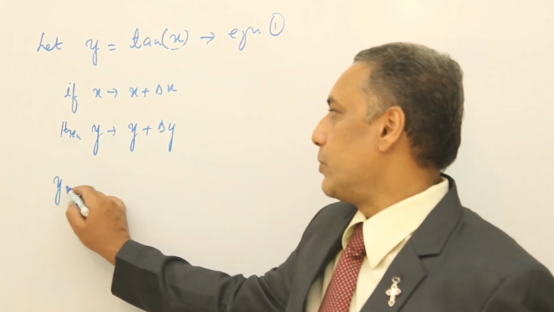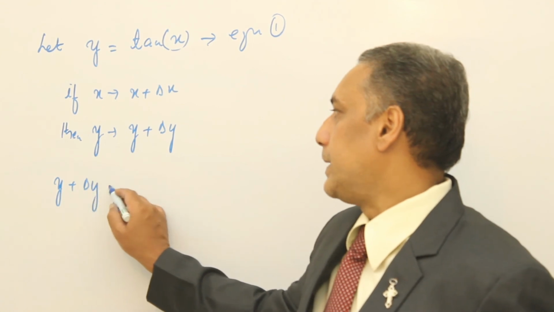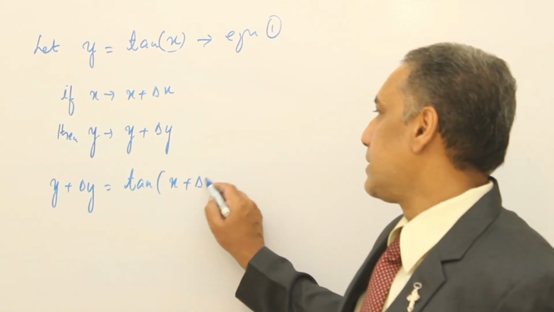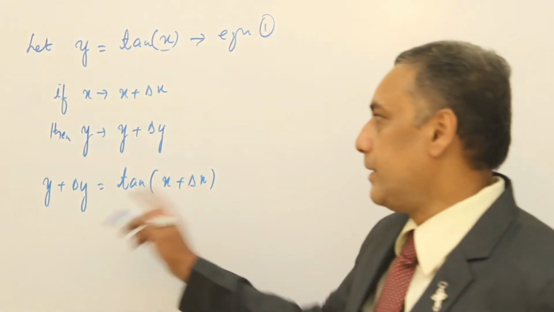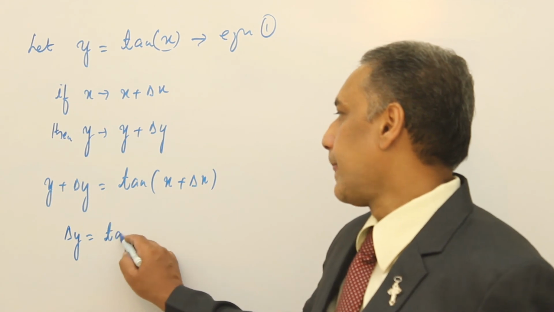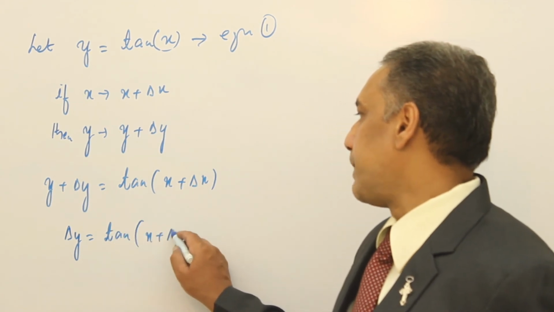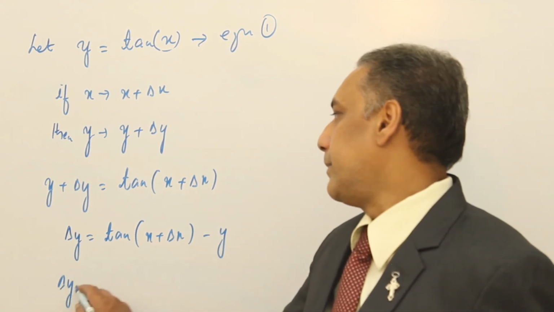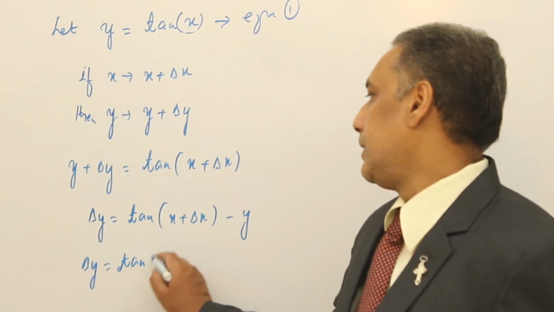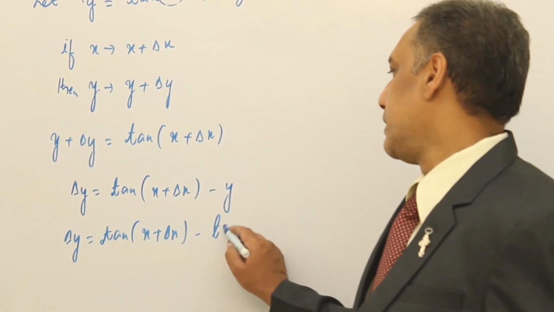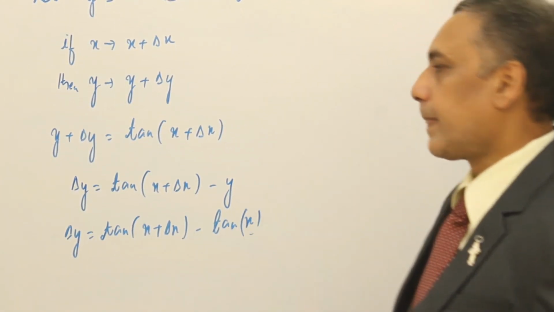Substituting this in equation 1, you get y plus delta y is equal to tan of x plus delta x. Transposing y, we get delta y is equal to tan of x plus delta x minus y. Delta y is equal to tan of x plus delta x minus tan x.